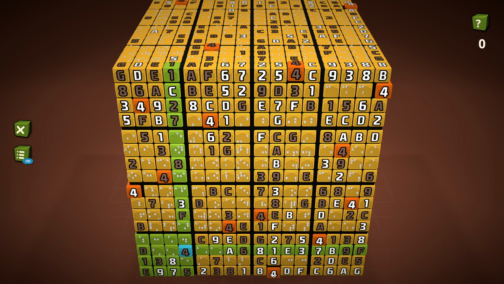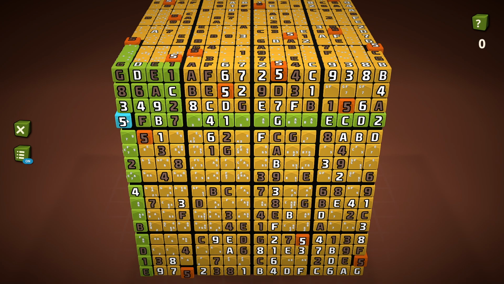Most of the 4s have been gotten, but not all of them. 5s. Quite a few open 5s.